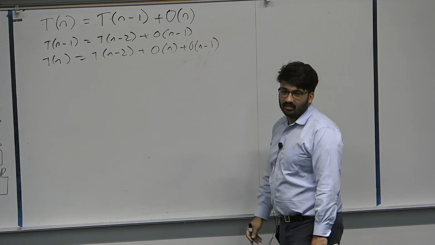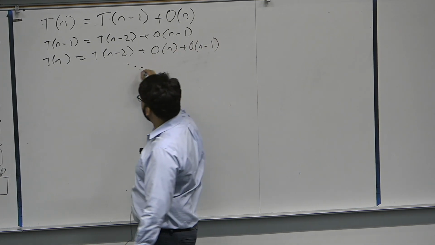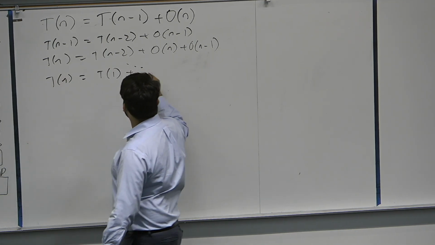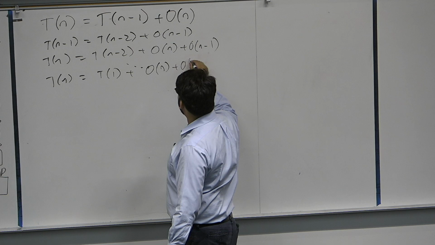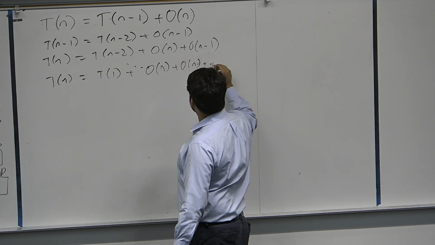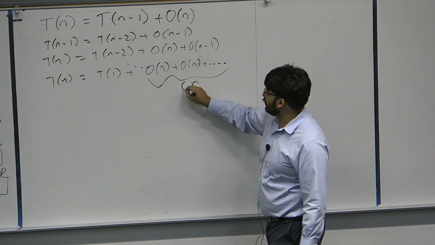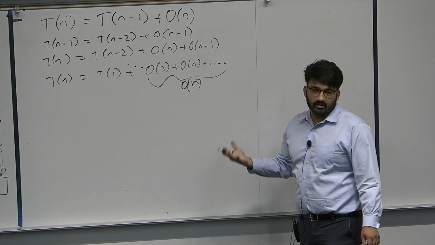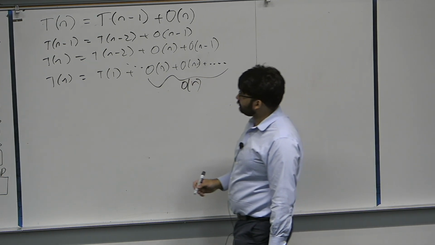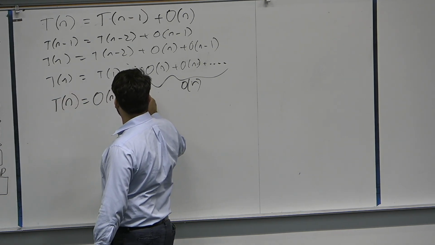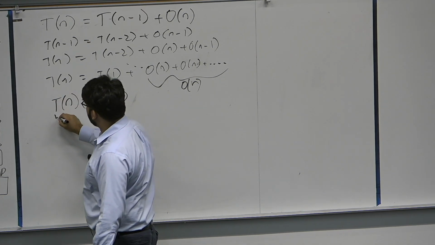So dot, dot, dot, T of n is equal to T of 1 plus O of n plus O of n minus 1 plus and so on. And this happens n times, or at least O of n times. So that's O of n squared. Now this is in the worst case.